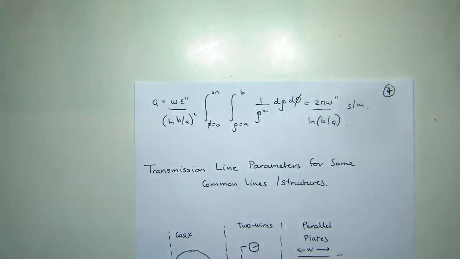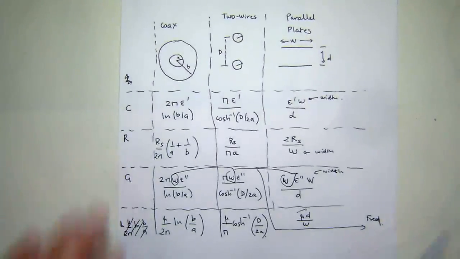Now, I apologize. It looked very good when I was doing this at the time. It looks a bit crazy now that it's on this piece of paper in front of me.